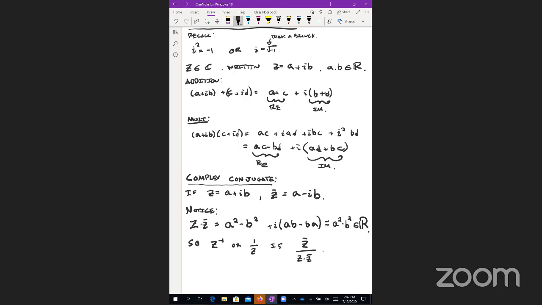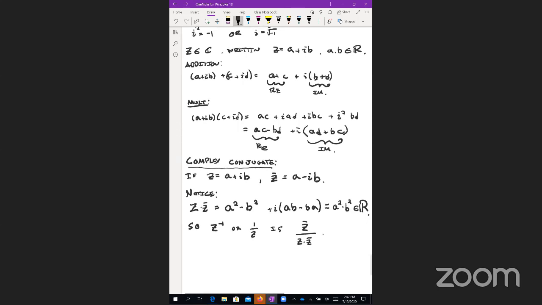Okay, oh yeah, note: a complex number is real if and only if, say a complex number z, z bar is actually equal to z, right?